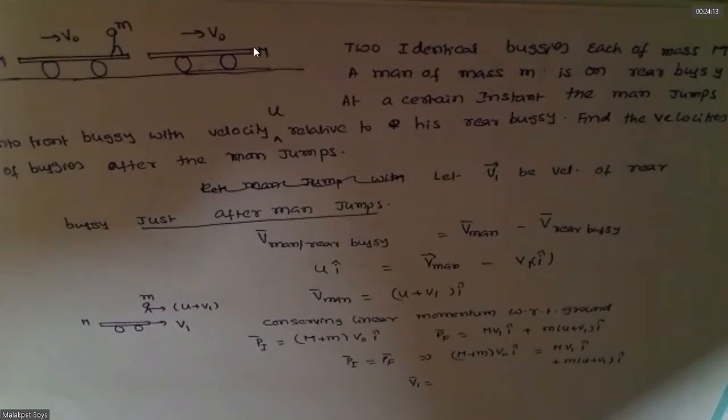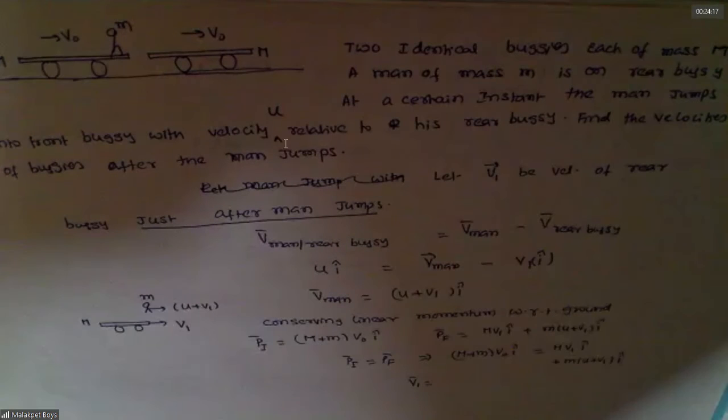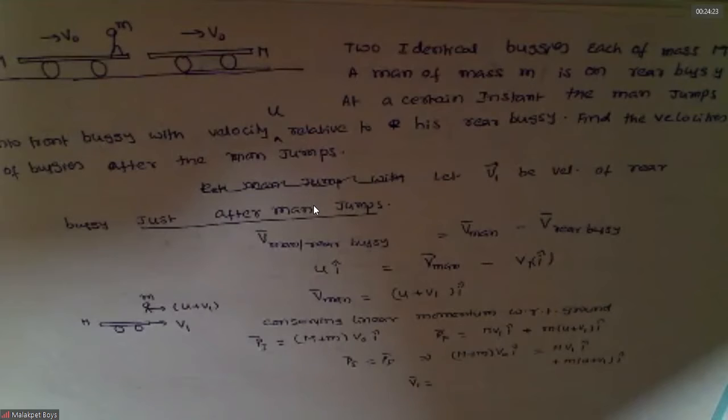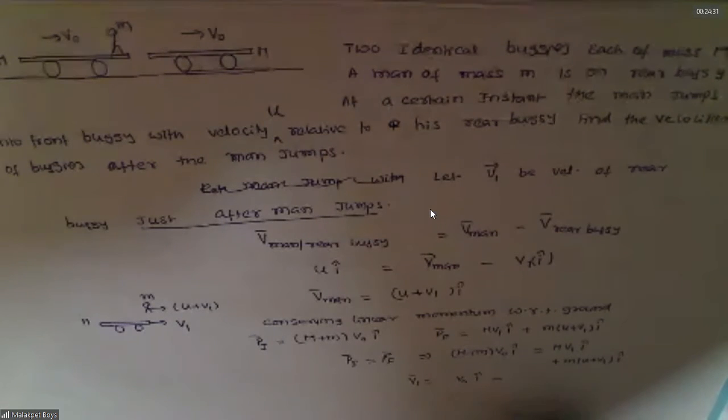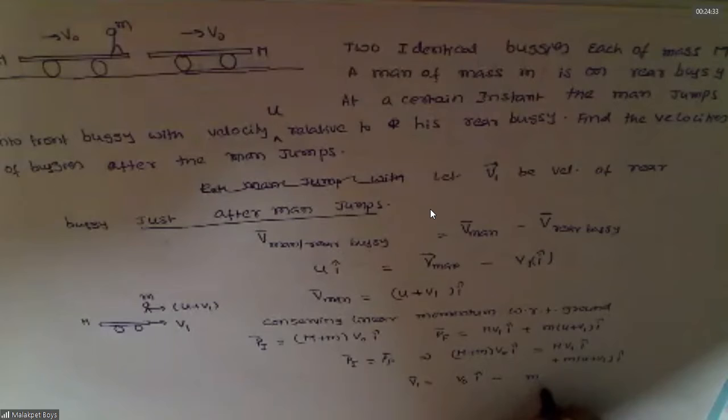Hello. Yes, sir. So, now understood this? V1 is equal to V naught i cap minus U by M plus M i cap.